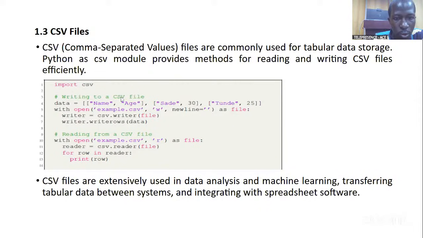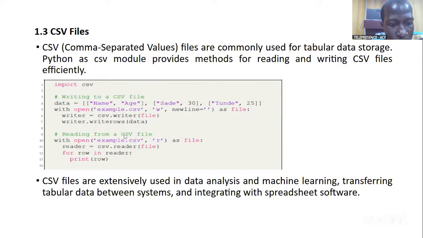For this, you can see writing to a CSV file. You have to import csv, which Python already has as a built-in library. You can see csv dot what you want to do with the file, so you can create a writer. You first open the file, here called example.csv, which says it's a CSV document.